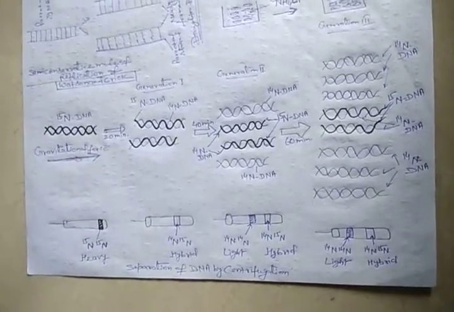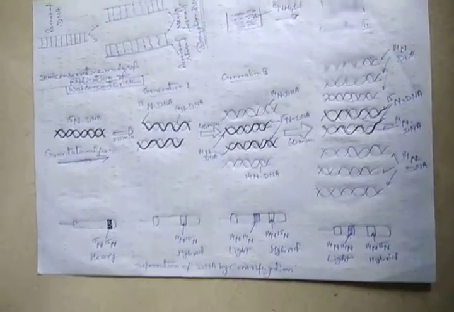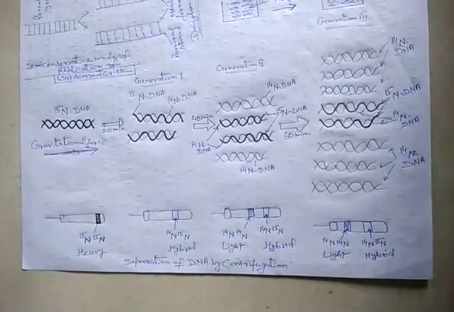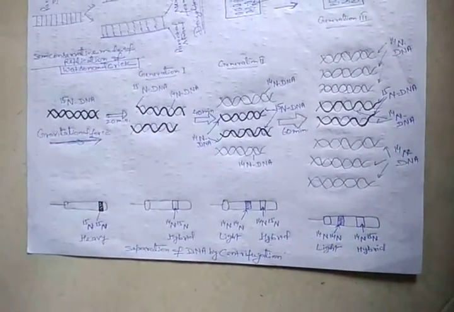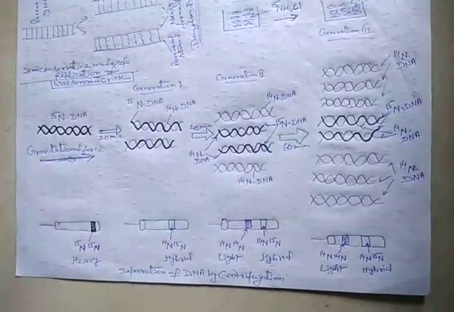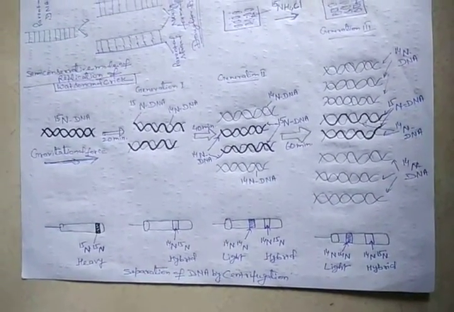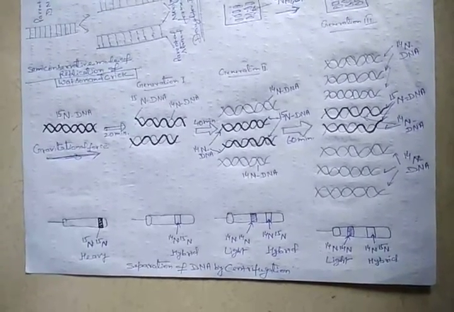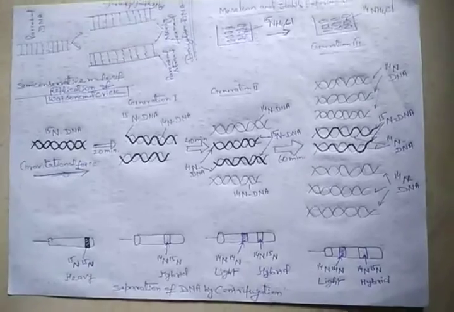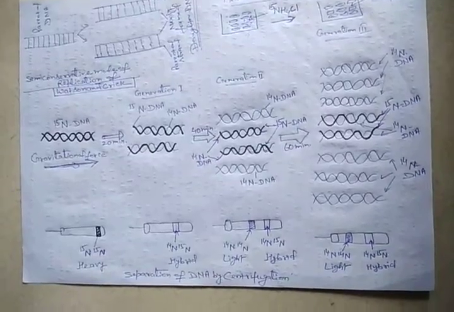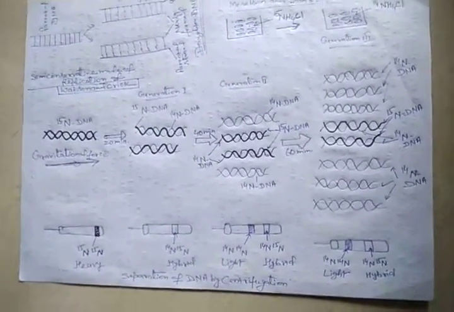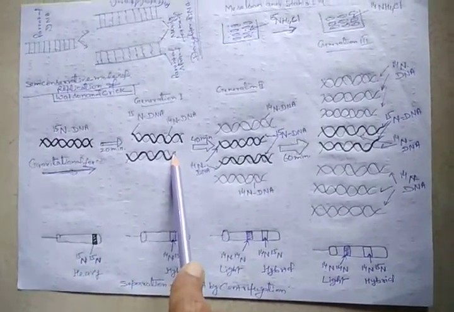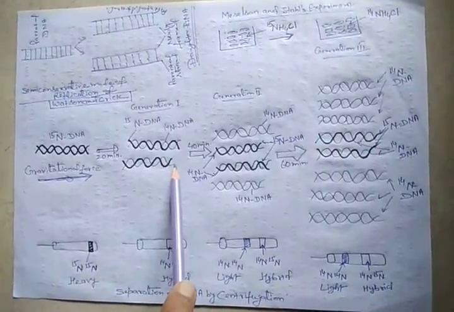Again they observed two types of DNA, the hybrid and the light, but the percentage of hybrid decreased further from 25 percent to 12.5 percent, and the light increased from 75 percent to 87.5 percent.